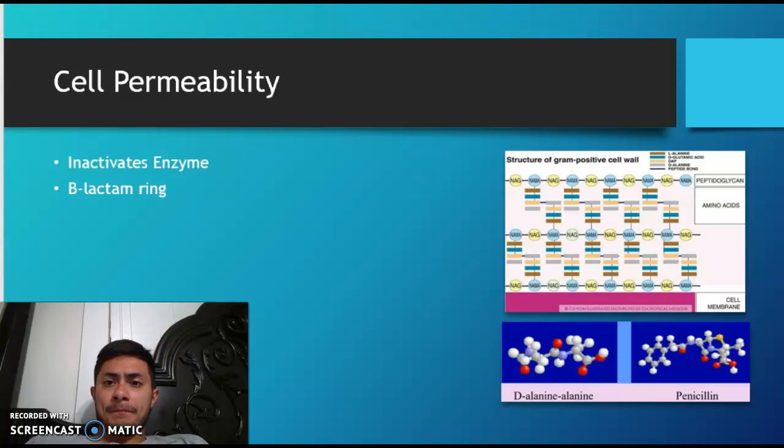It does this by inactivating an enzyme which is necessary for the cross-linking of bacteria cell walls. This enzyme is the transpeptidase, and it accepts the penicillin as a substrate instead of your D-alanine, and therefore it inhibits this process, so the cell wall doesn't continue to develop and eventually just stops that process overall.